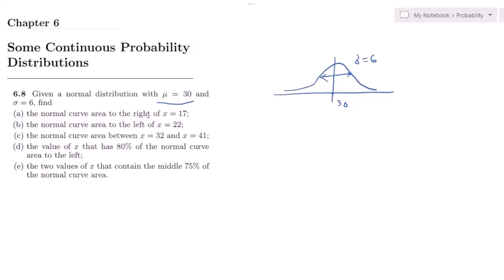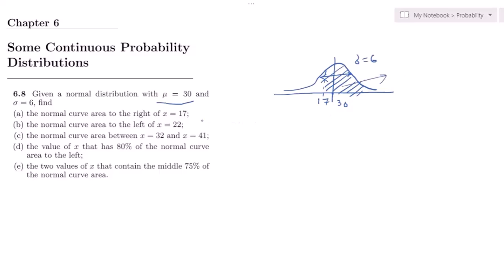What do we have to find out? The normal curve area to the right of x equal to 17. Let me have here 17, and we want to find out all of this area.